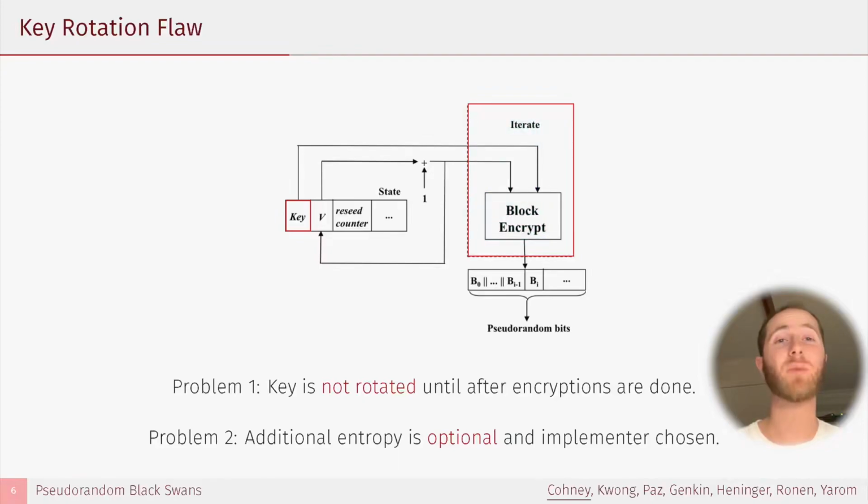Therefore, if an attacker compromises the key at any point during the phase, she might be able to recover the RNG's internal state. Problem number two. The standard allows the implementer to choose whether or not to include additional entropy, and further does not specify how much additional entropy is wise to include, allowing an implementer to ignore it altogether.